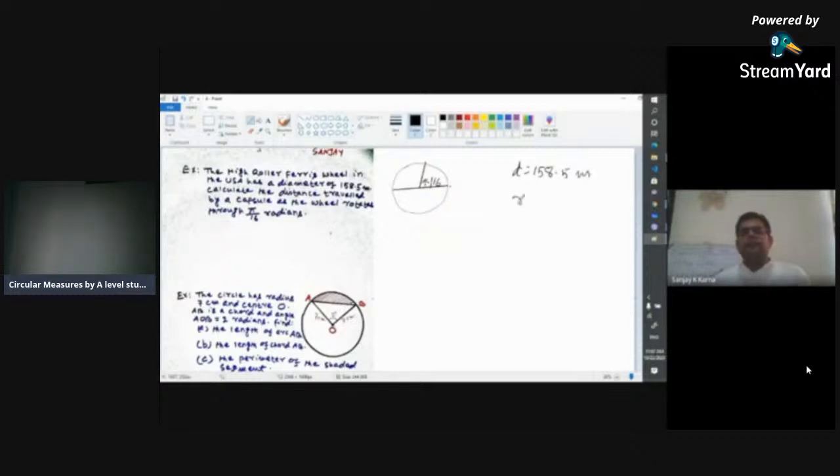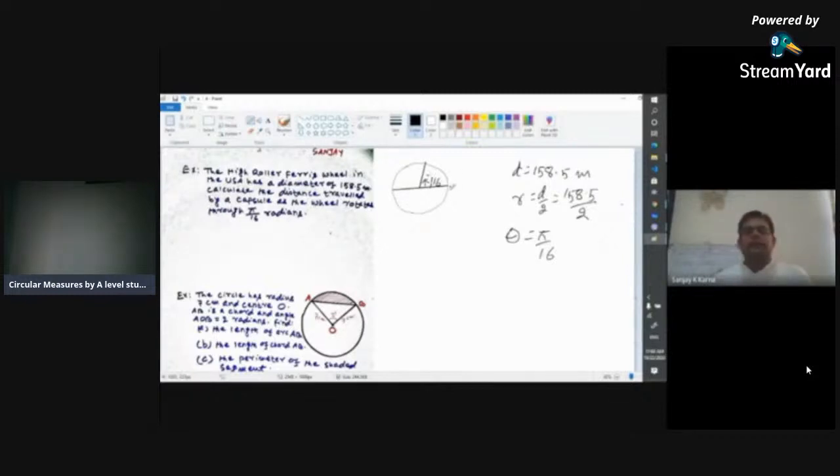Obviously the radius is d by 2 in this case, so you can write 158.5 by 2 meter. Angle theta is given as pi by 16, and the question is asking you to find the distance traveled by a capsule as the wheel rotates through the angle pi by 16.